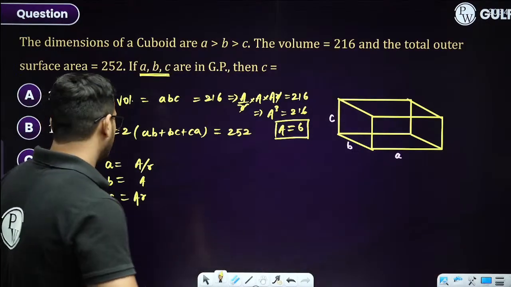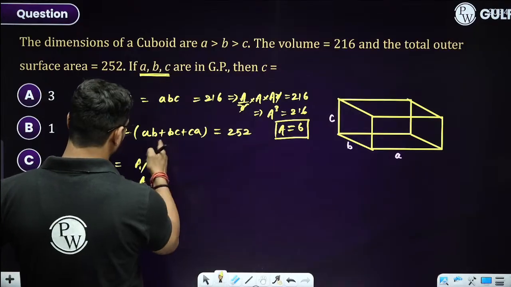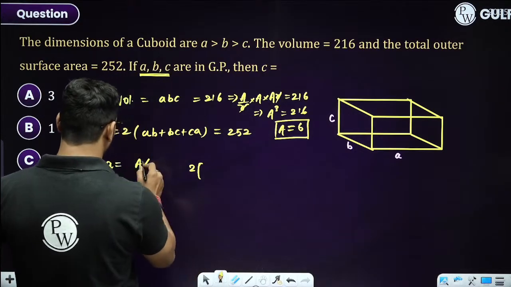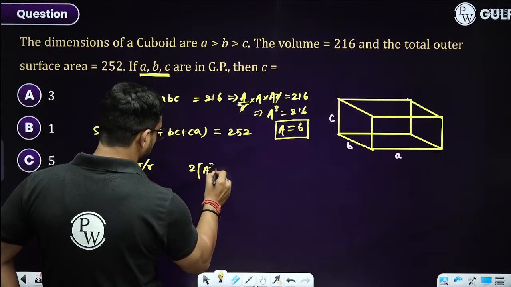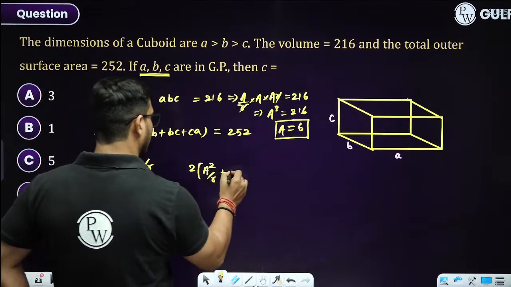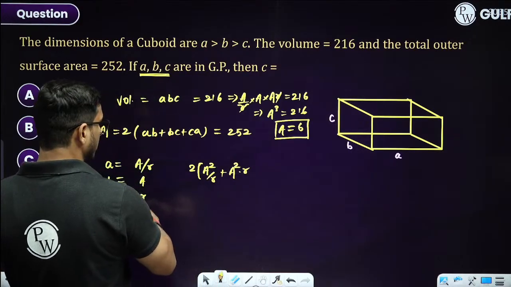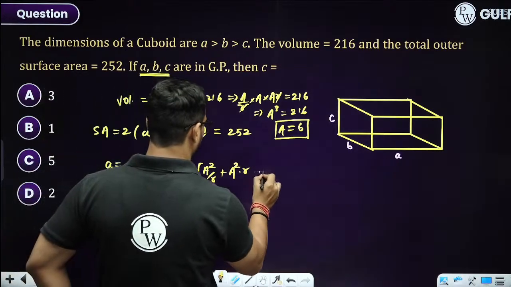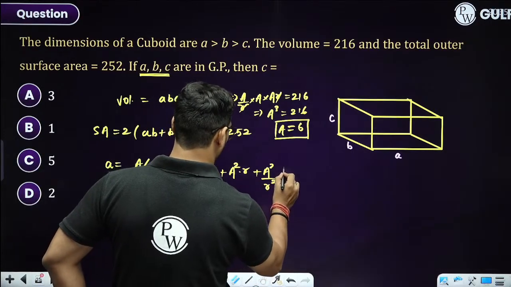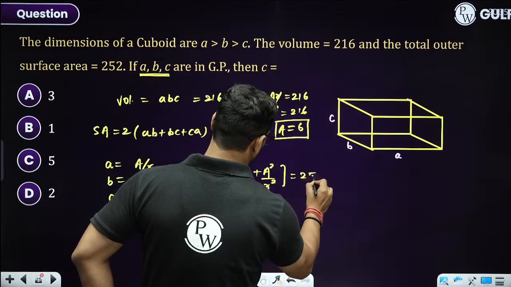Now if A is 6, then we have one more piece of information, that is twice of AB plus BC plus CA. AB means A square by R, BC is A square R, then CA is A square by R to the R square, A square by R square, and that equals 252.